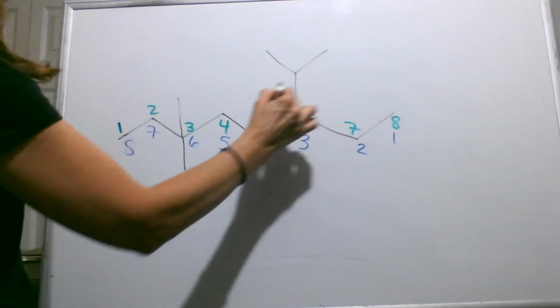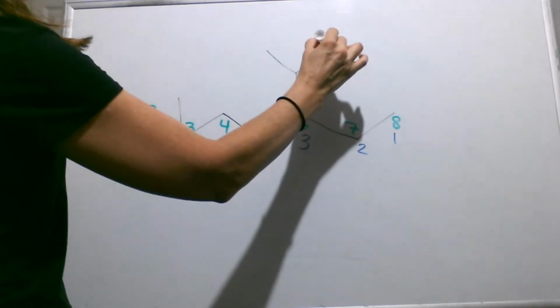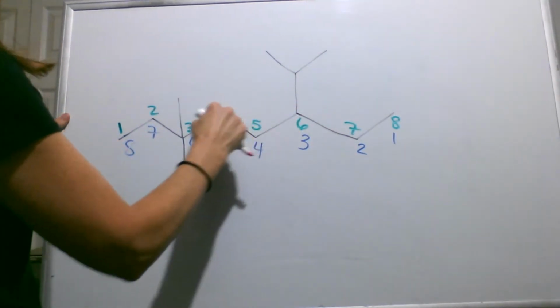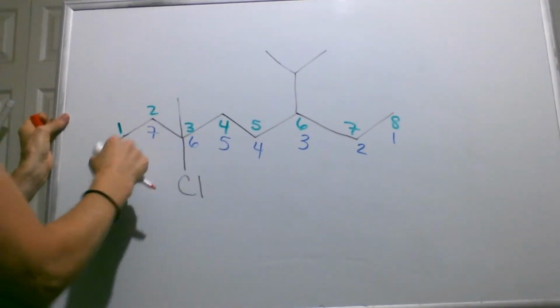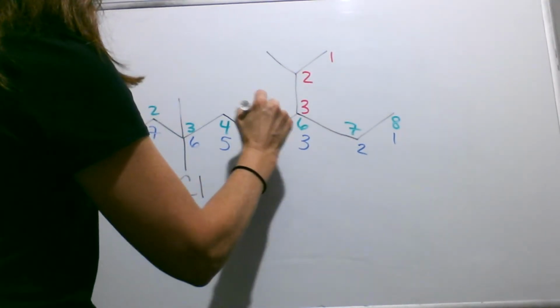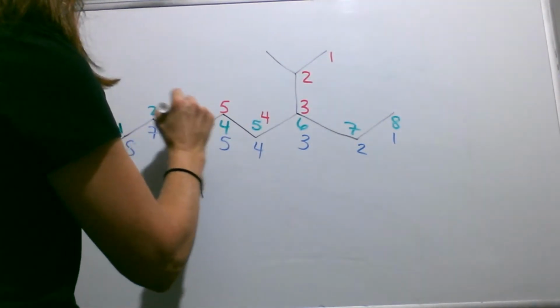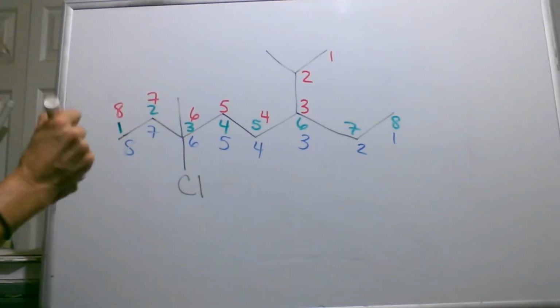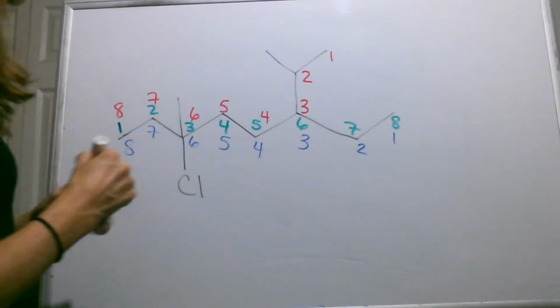We might need to try this path. So if we started up here, we would actually have 1, 2, 3, 4, 5, 6, 7, 8. So we also have 8 in a row. So we should number that one to see if the substituents are on lower numbered carbons.